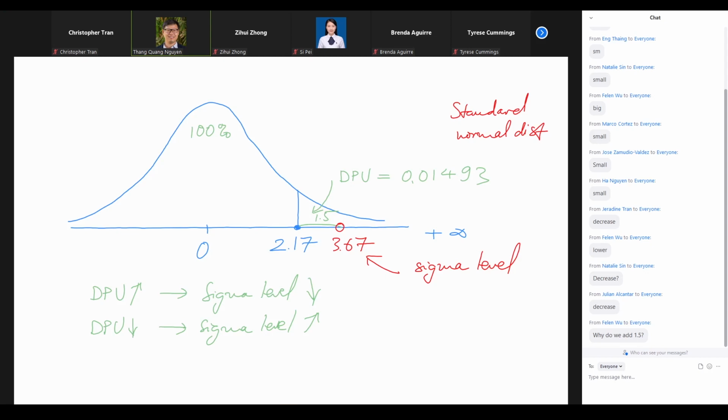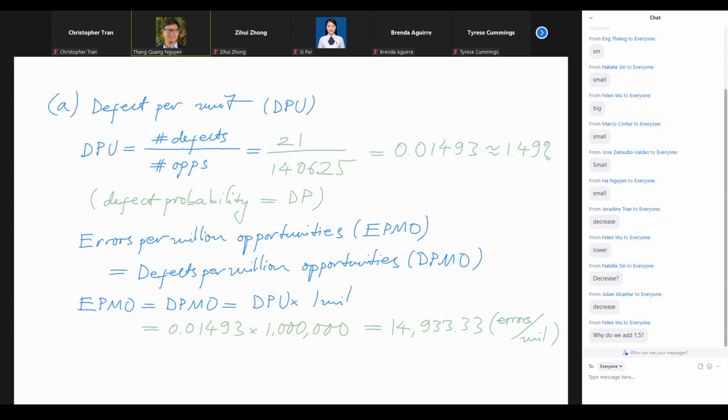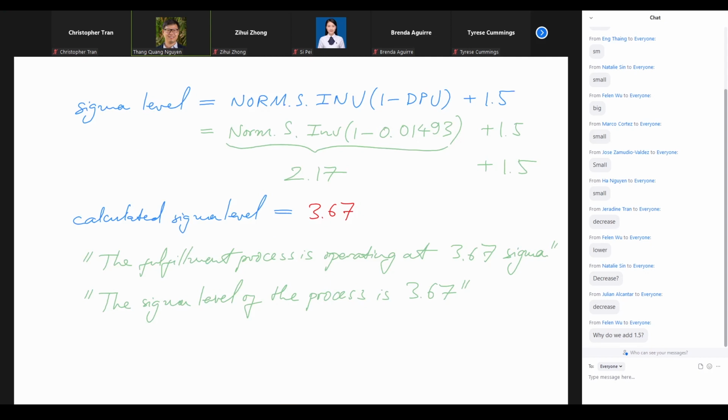So now let me go back to the question by Philin. Why do we add the 1.5? So you know what? The equation of the sigma level here is just a definition. This one is a definition by the author, right? So the author defined that at the end we add 1.5.